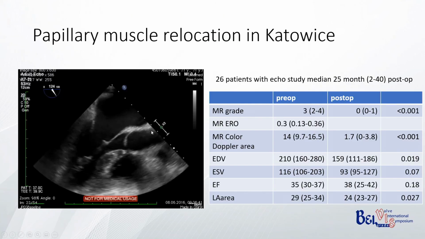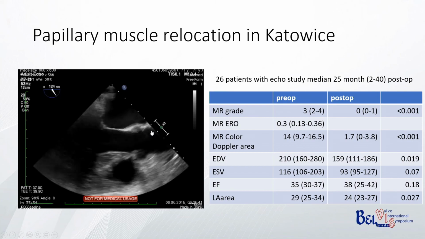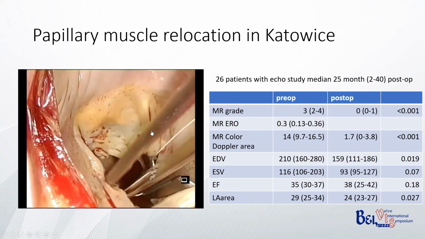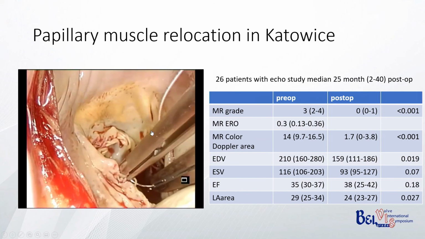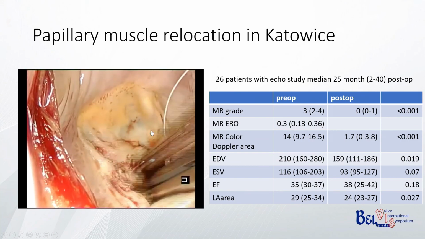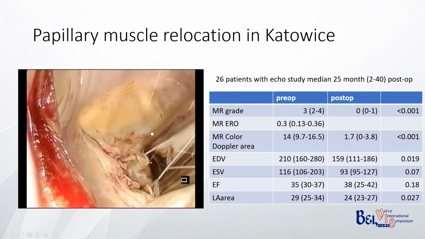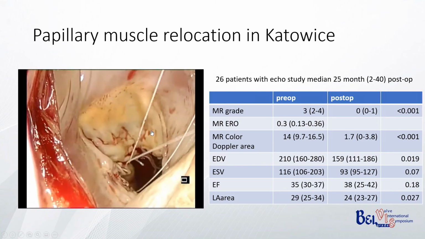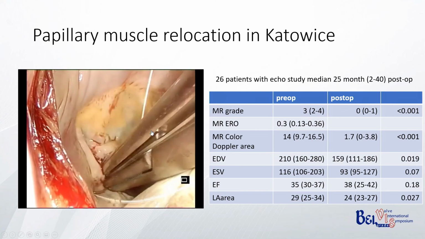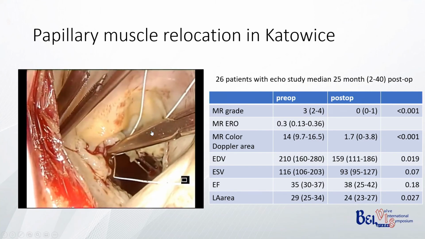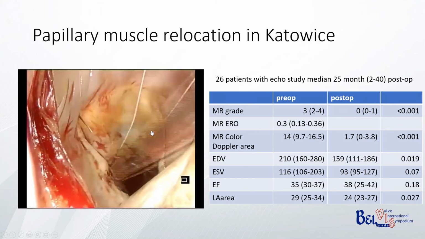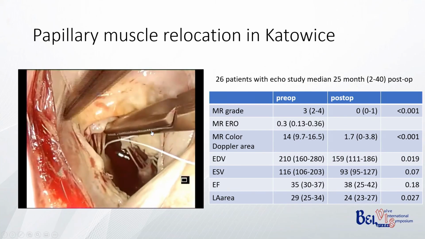And this is just the way we do it. You'll see on the right side the results of a small subgroup of our patients that were just brought back for echo assessment. So this is by no means representative of all the patients, but at least in those that we scanned, we are seeing no recurrence. You just anchor your stitches in the papillary muscle.